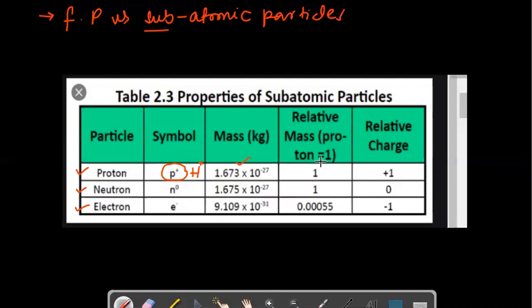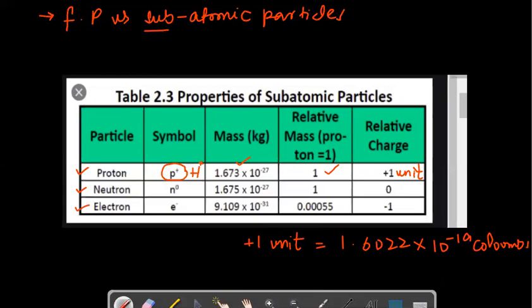The relative mass of the proton, we'll discuss the concept of relative mass later in this chapter. For now, just keep in mind that the relative mass of the proton is 1 and the relative charge on the proton is plus 1 unit. Okay, it is basically 1 plus unit. And keep in mind, plus 1 unit is equal to 1.6022 × 10^-19 coulombs.